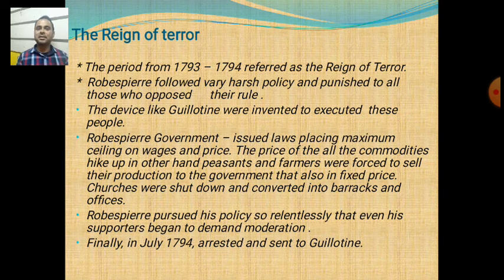Do you know the period from 1793 to 1794 is referred to as the Reign of Terror, when the Jacobins, under the leadership of Maximilian Robespierre, came to power. They followed a very harsh policy.